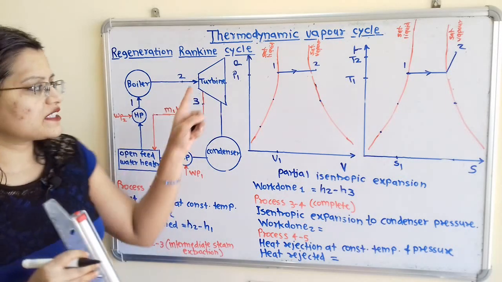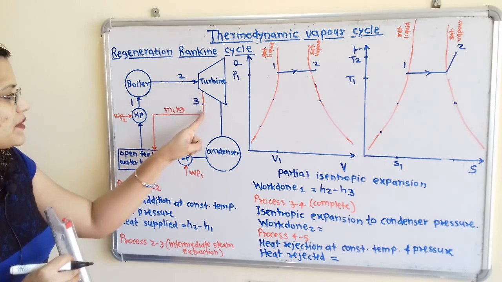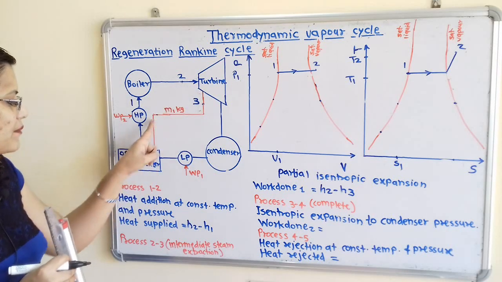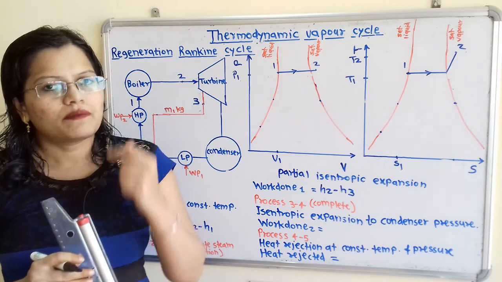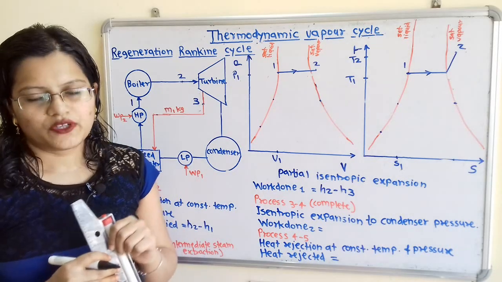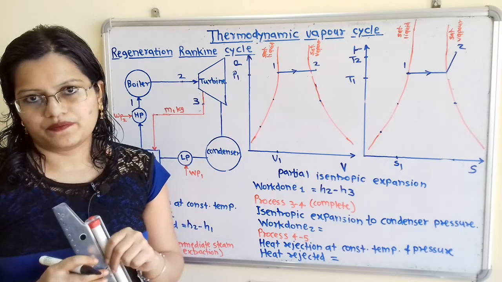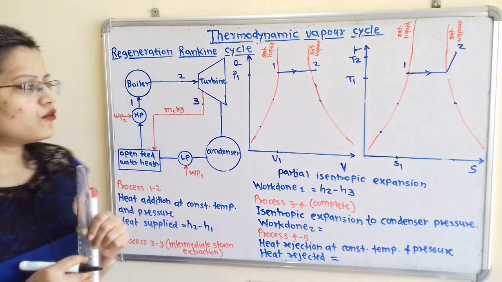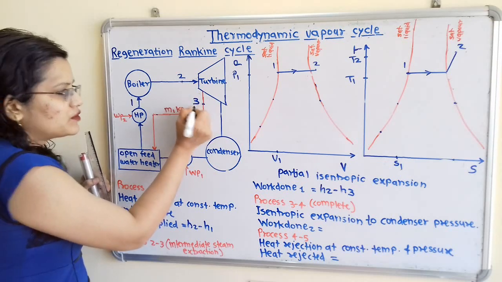Partial isentropic expansion is taking place, and after that m1 kilogram of steam is extracted at point 3 and passing to the open feed water heater. And due to partial isentropic expansion, work is done. So this work done we will show here as work done 1. Now we have to keep in mind what is the state of the working substance at this point 3.